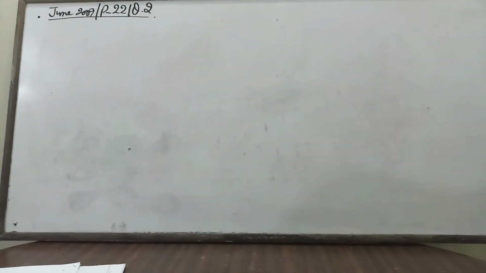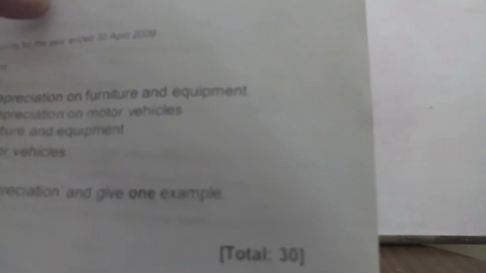First of all, you can see on the main cover page of this paper there is a policy given to calculate depreciation. You can read it just above the requirement. The last sentence is very clearly written: the rate of depreciation applied on cost for the year ended 30th April 2008 continued to be applied for the year ended 30th April 2009.